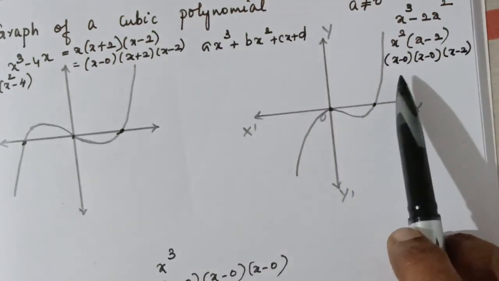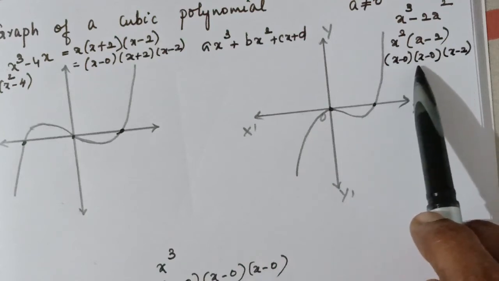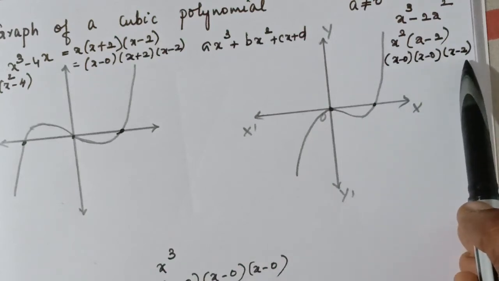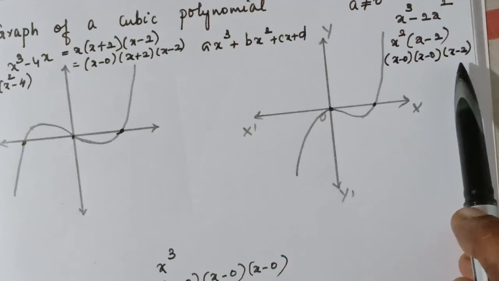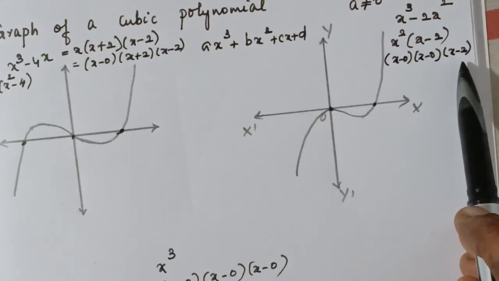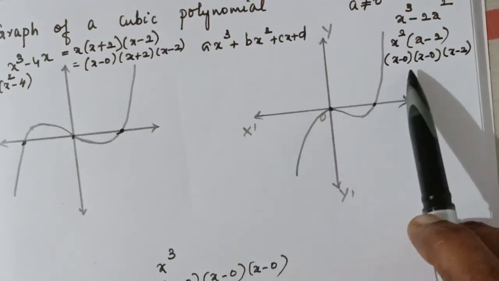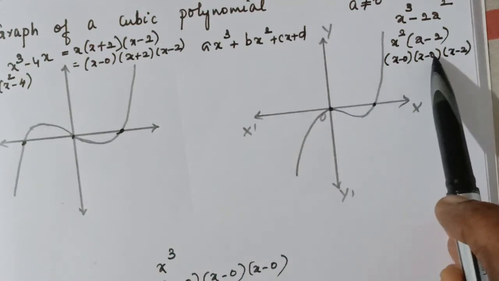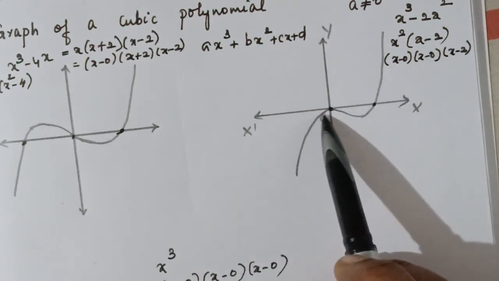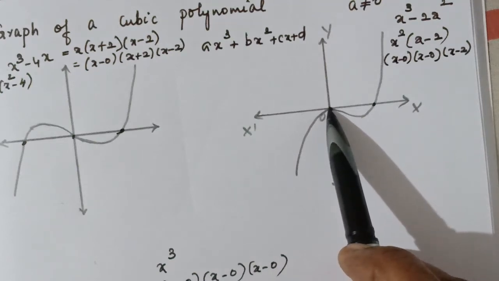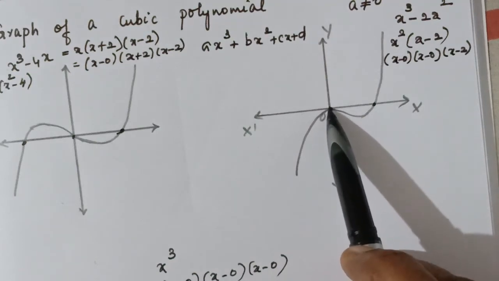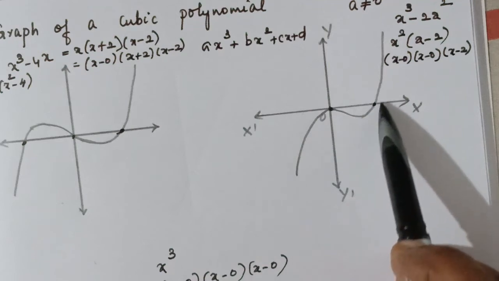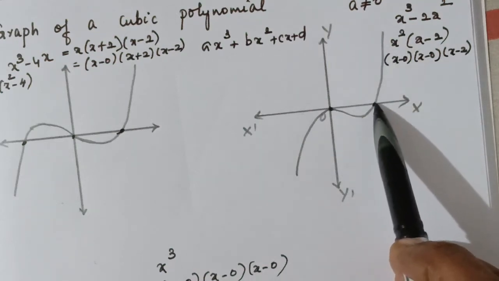Now you check, x equal to 0, x equal to 0 and x equal to 2 are the zeros. That shows it has got 3 zeros. So 2 equal zeros. That's why it is passing through x equal to 0, the origin, and then through 2.